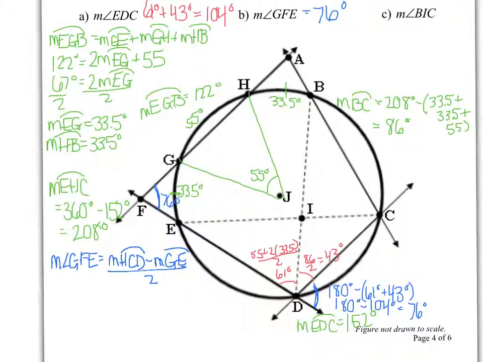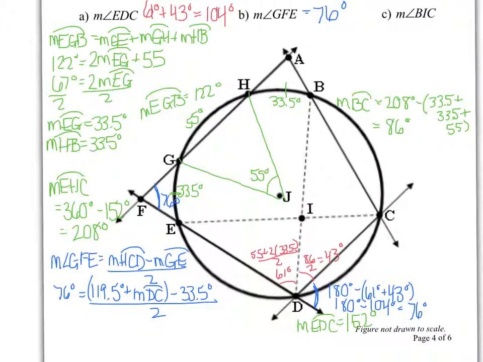Well, measure of angle GFE is 76 degrees. The measure of arc HCD is 33.5 plus 86. That's 119.5 degrees, plus the measure of arc DC, minus measure of arc GE, which is 33.5 degrees, divided by 2.